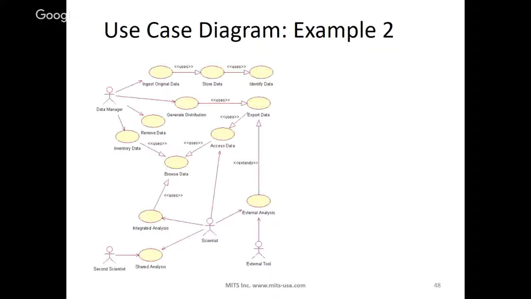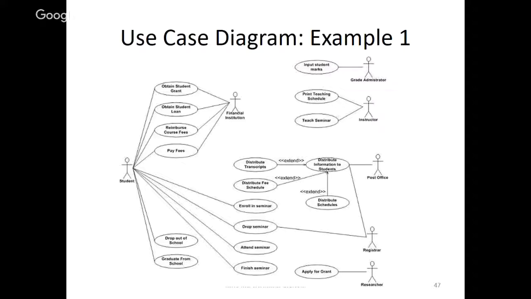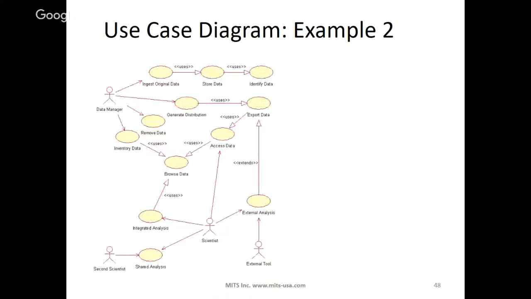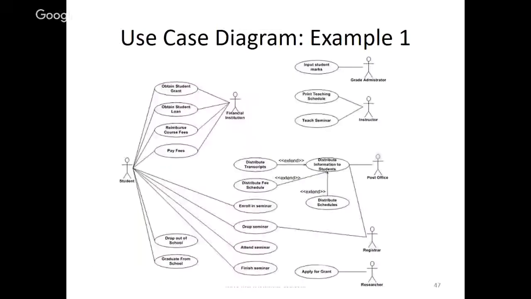That's all it means. Whereas extends is much more in the object-oriented programming sense, where the child use case is implemented as an old perspective associated to the distributed information being the superclass. All right, so we've got uses, extends, and what was the other one?